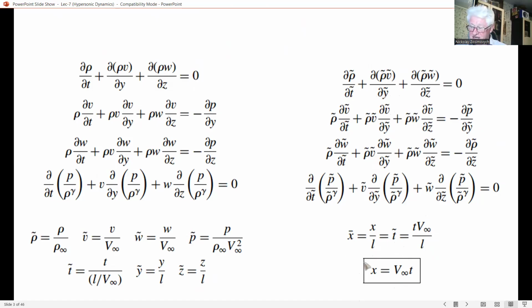This equation is useful in the physical interpretation of the hypersonic equivalence principle, to be discussed a bit later.